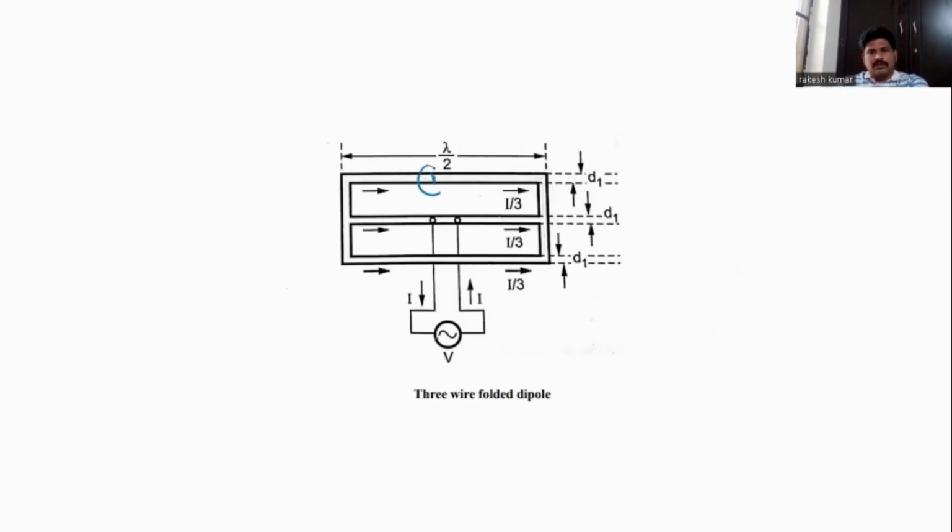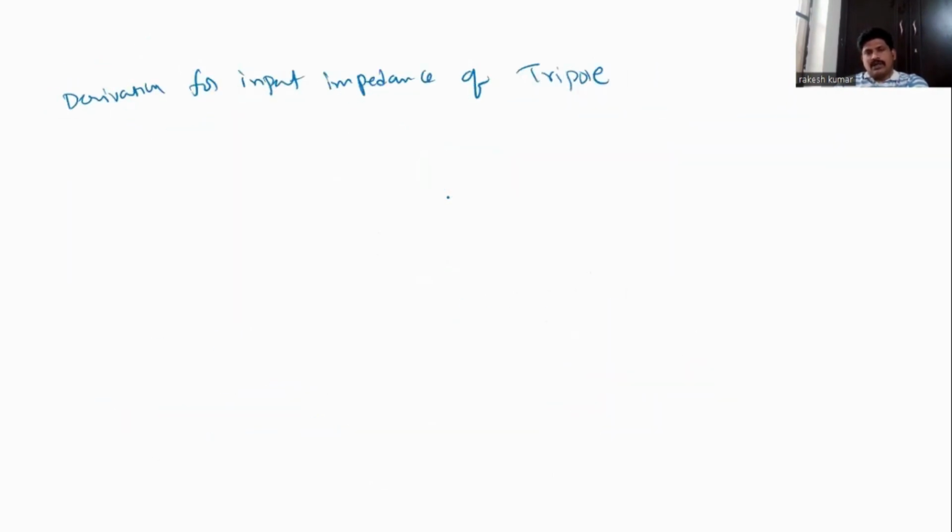This is the first dipole, this is the second dipole, this is the third dipole, whereas a folded dipole has only 2 dipoles. Now let us see what is the impedance of this tripole.